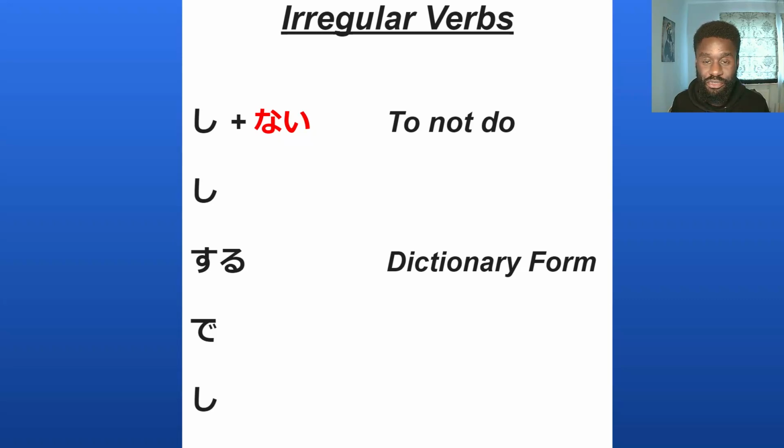For irregular verbs, you must use the first row and then add nai to it. And this is the dictionary negative form of an irregular verb.